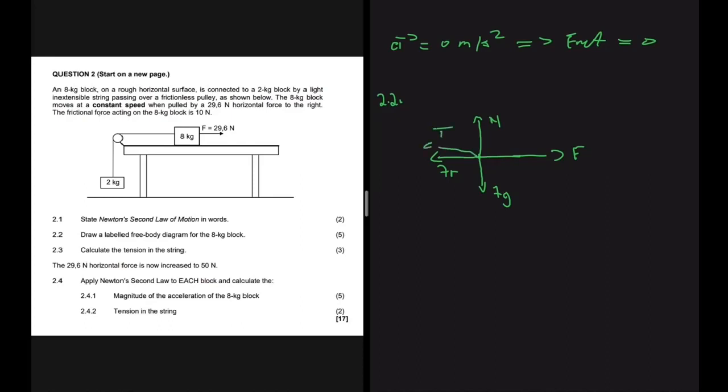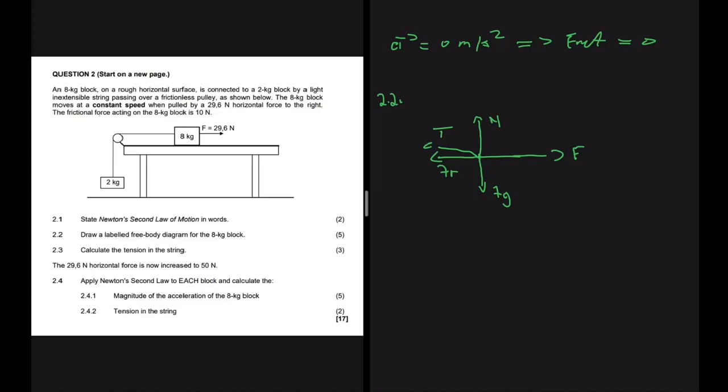So I'm just going to put it there. Those are the forces acting on the 8 kg block. The tension and the frictional force together equal the applied force F, and thus it is moving at a constant speed, like they stated. So let's move ahead.